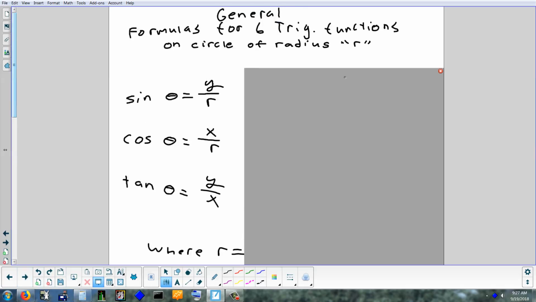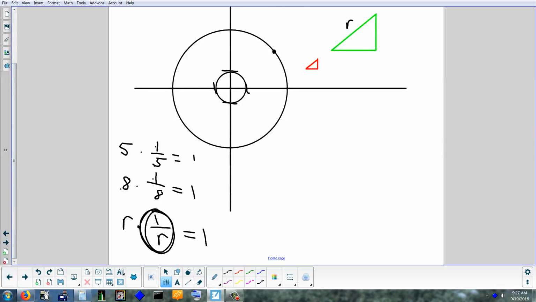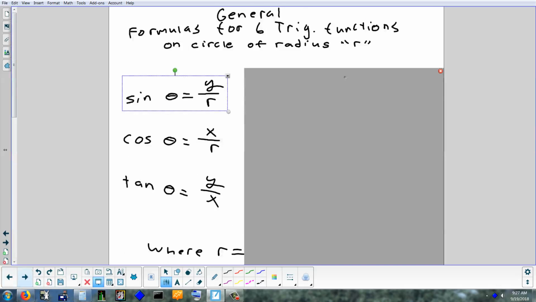So sine was y, and we said the whole trick was to multiply everything by 1 over r. Well, that just means divide everything by r. So y gets divided by r, x gets divided by r. Wait a minute. Tangent. What did we have for tangent before? Y over x. Y over x, it didn't change.